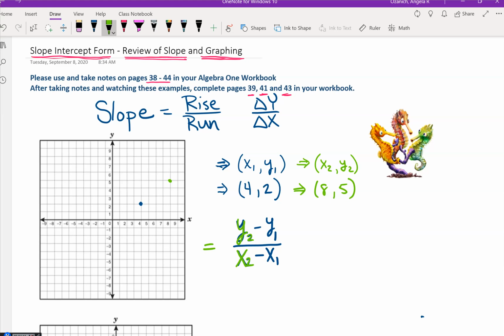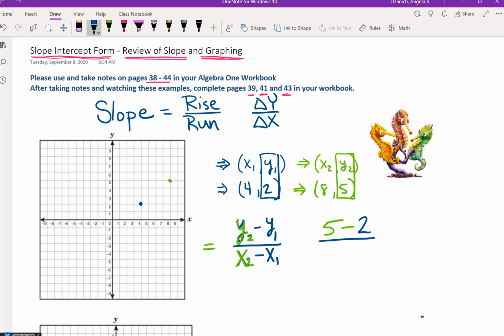So let's first grab our y sub 2 value. You can tell it is lining up right there, so I know that one is 5. And then I'm going to subtract, just kind of keep going back and forth here between our green and our blue points. I'm going to subtract our other y value. There it is, right? 5 take away 2.